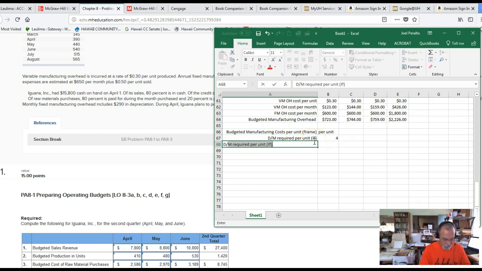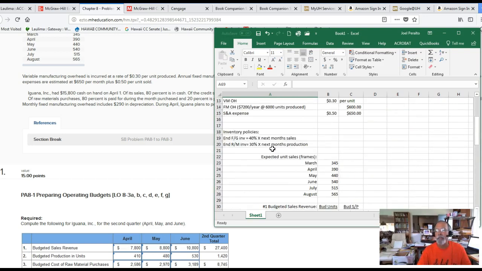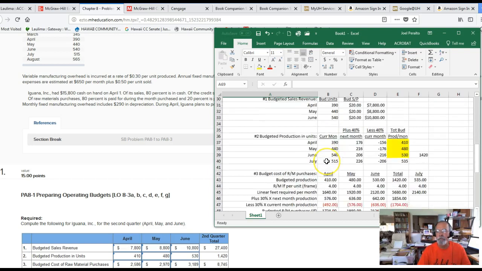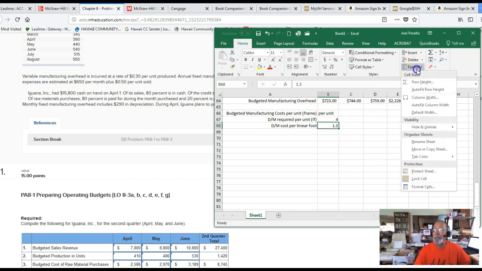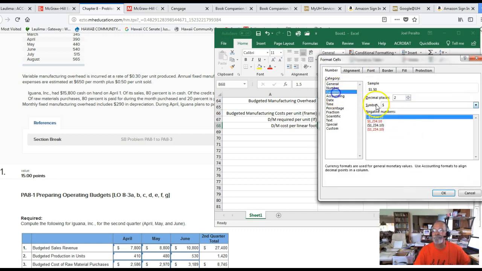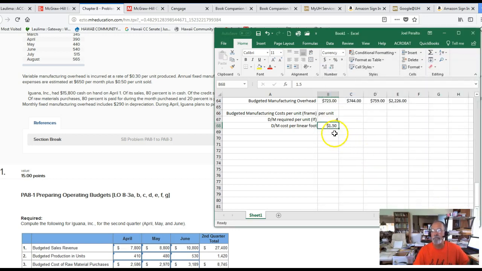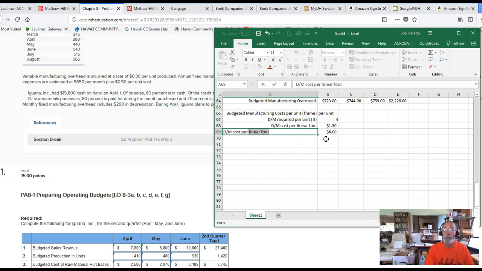And then direct materials cost per linear foot, $1.50. And then that would give us 4 feet times $1.50 per foot, $6 direct material cost per unit.